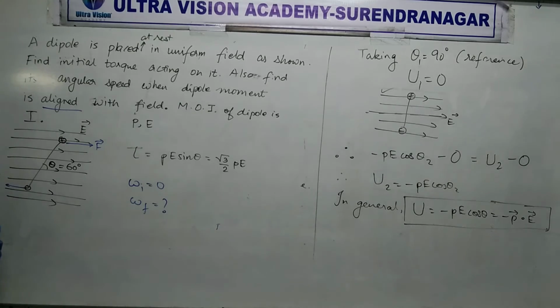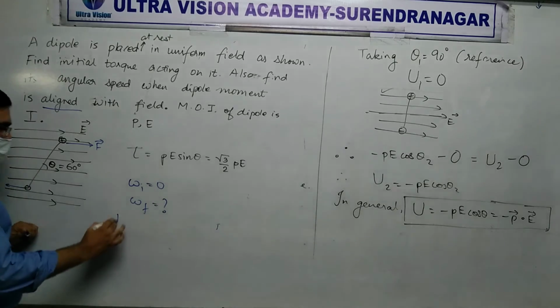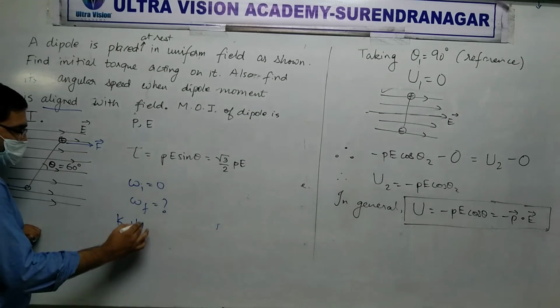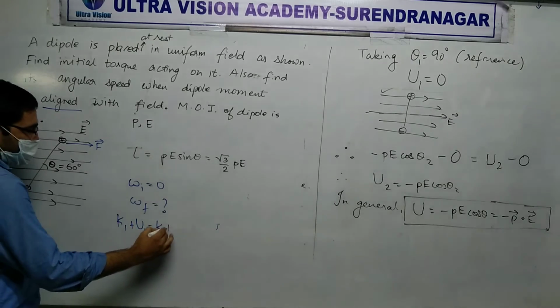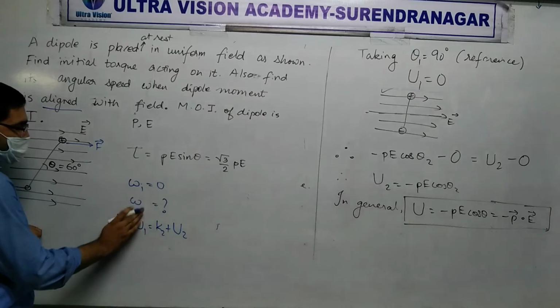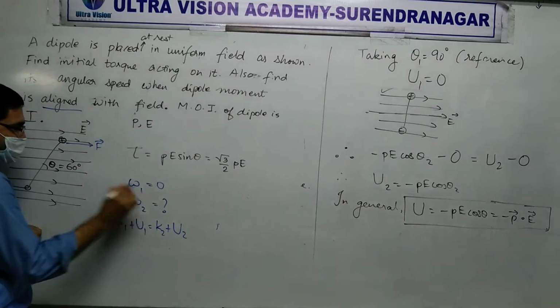This is an electric field, and electric forces are conservative. So K1 plus U1 equals K2 plus U2. Clear?